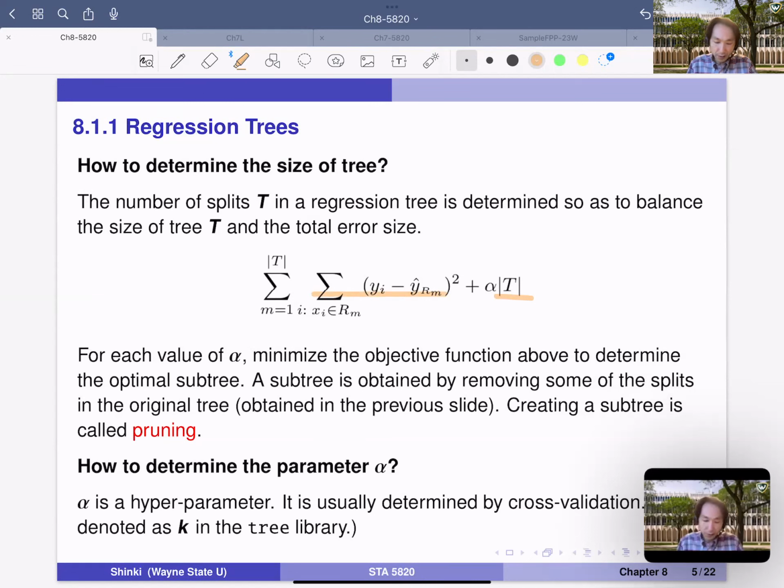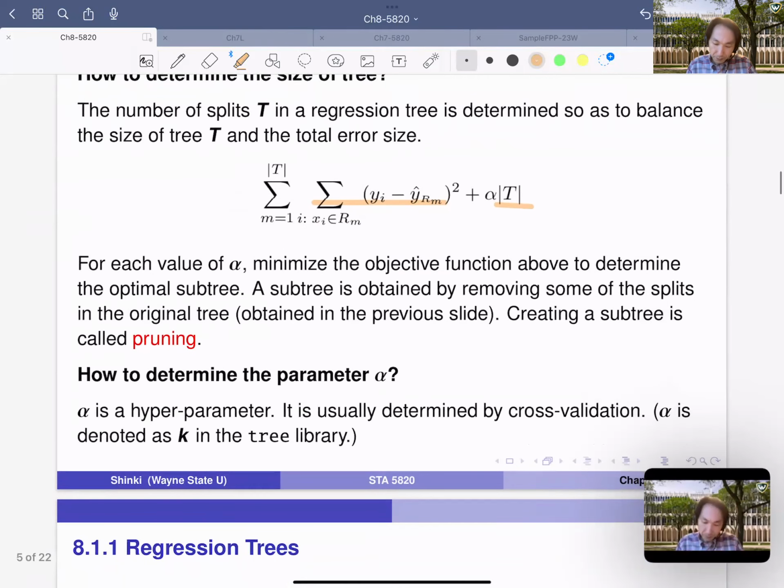T is the number of splits, like the previous figure with 4. And we basically penalize the size of T. This is a similar idea to AIC or lasso. So we penalize the complexity. Then if we use an appropriate alpha, the fit should be good.